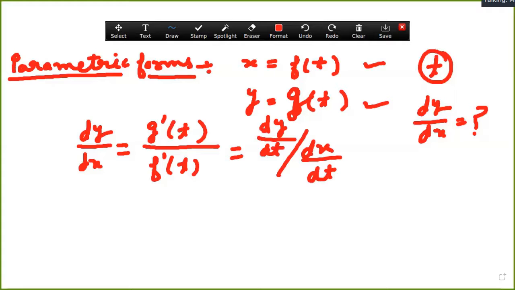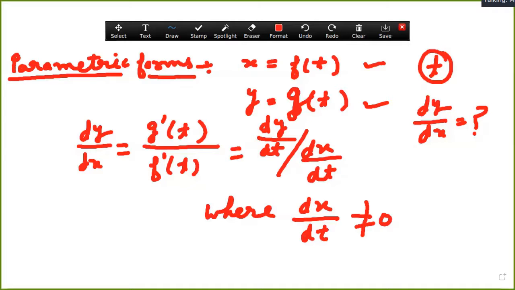Remember always that f dash t is not equal to 0, or you can say dx upon dt is not equal to 0.